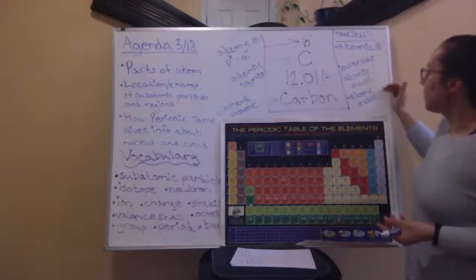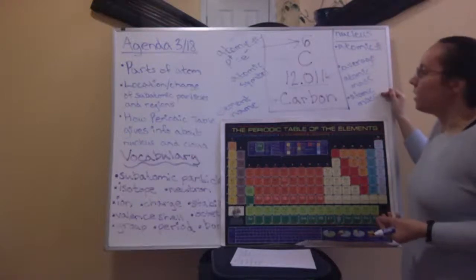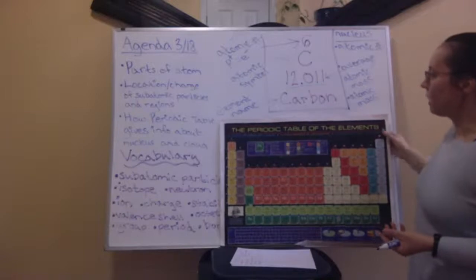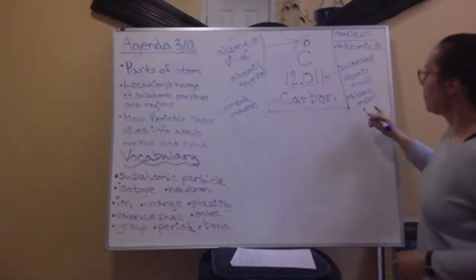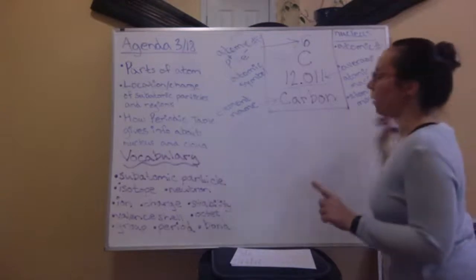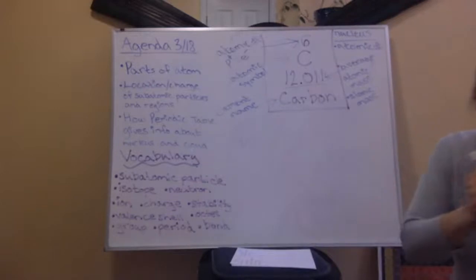Okay, so what else has to do with the nucleus? The atomic mass. So atomic mass is something that you will have to calculate here. And the atomic mass is talking about one element, okay? So let me get a different marker.